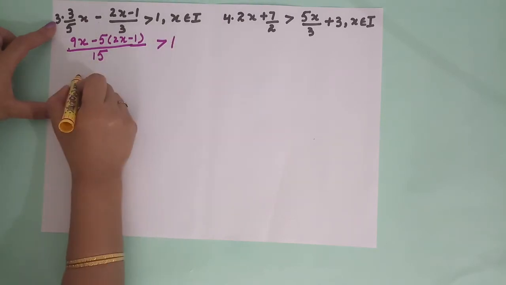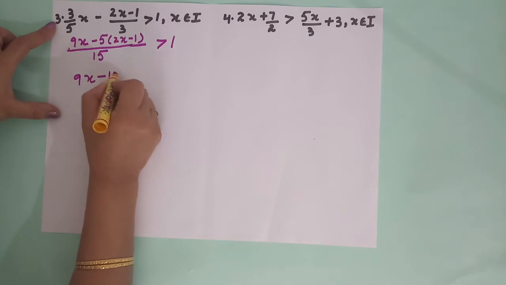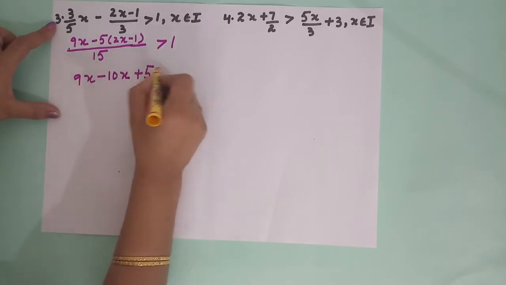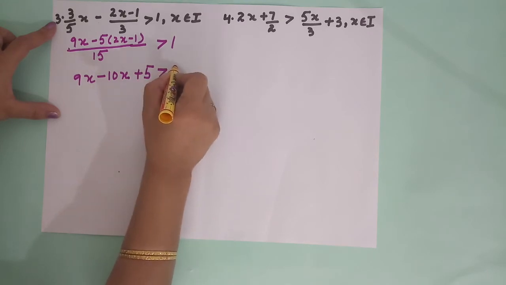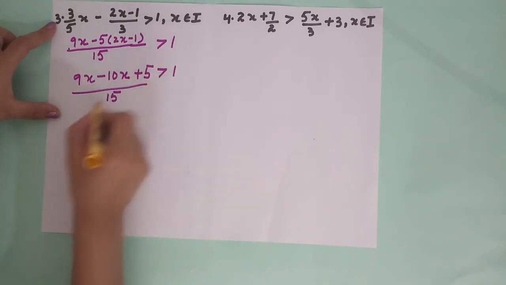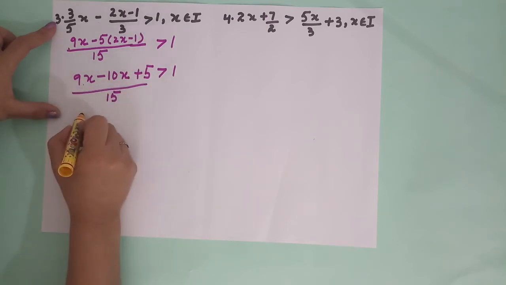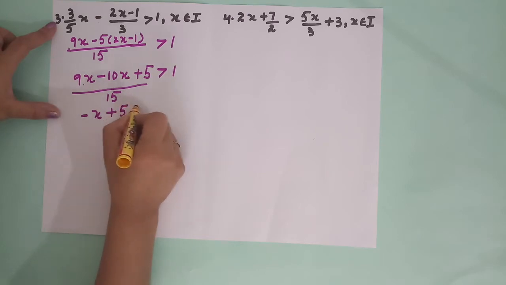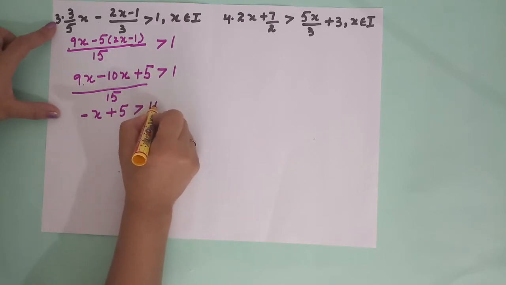Cross multiply, we get 9x minus 10x plus 5 is greater than 1 divided by 15. Now we can cross multiply. 9x minus 10x is minus x plus 5 is greater than 15.